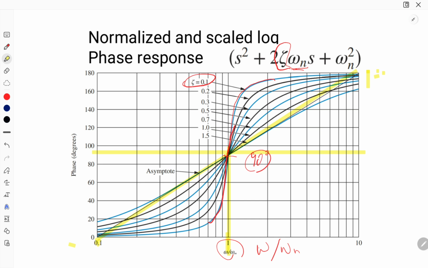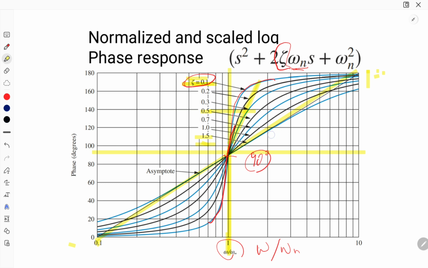So what you need to get, I may not ask you to draw this, but what happens at a damping ratio of about 0.5 or more, so you should be able to pick and see if the damping ratio is close to 0, close to this axis, the frequency axis, and how it is when it's far out.